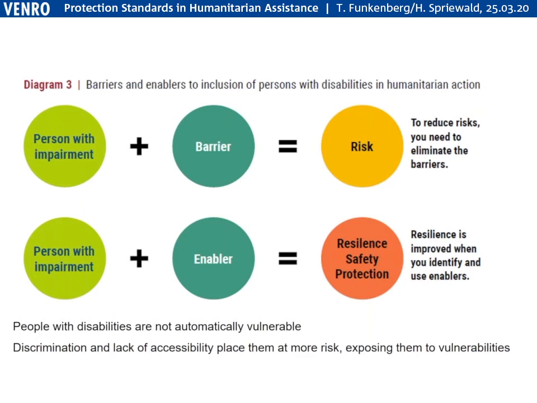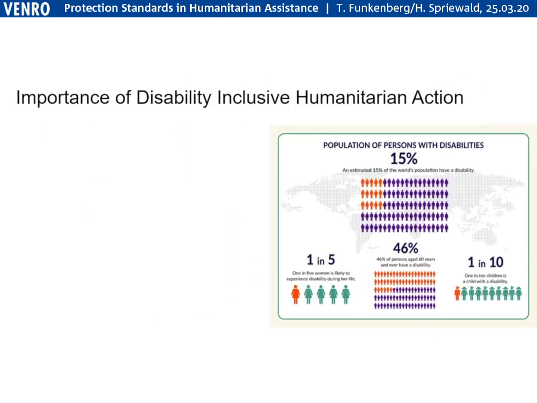Why is this necessary? When we look at the general population of the world, the estimation is that 15% of every population around the world has a disability, is facing a disability throughout their life or at one point of their lives. Disaggregated by gender and age, we see that women with disability have a higher prevalence, around 19.2%, or 1 in 5.